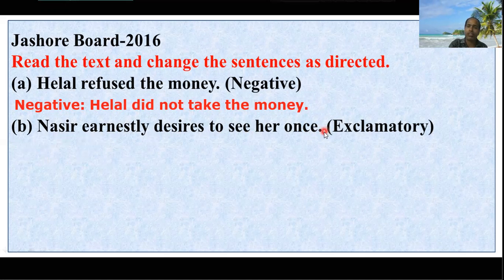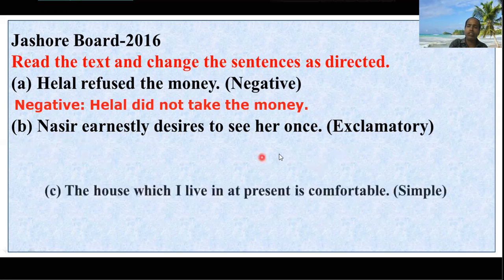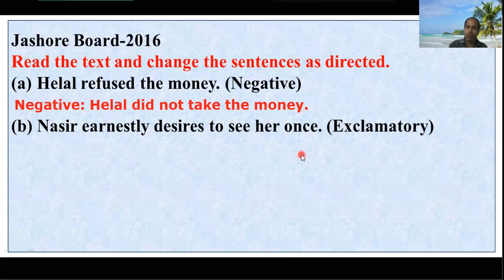And you have to set an exclamation mark at the end of the sentence. In this way, you can change into exclamatory. While changing into exclamatory, first you have to write how, because there is no article in this sentence.